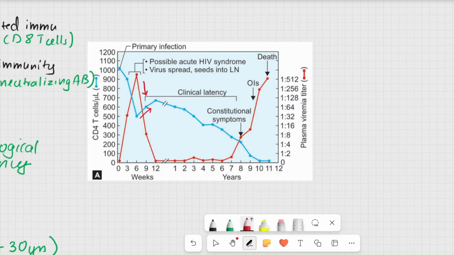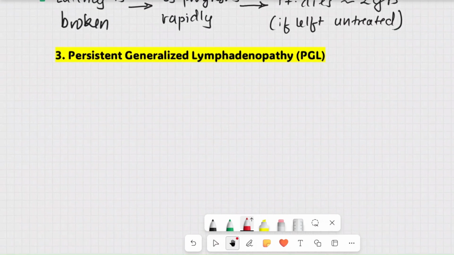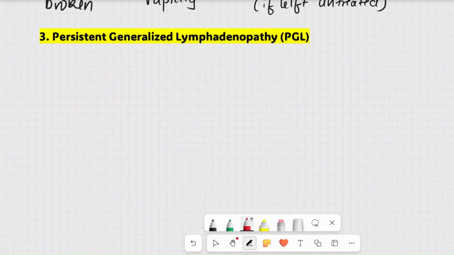Okay, then comes the next stage, that is called persistent generalized lymphadenopathy, guys. Now please pay attention that this stage is not seen in every individual. As I'm saying, the clinical latency stage was asymptomatic, the patient is asymptomatic only.